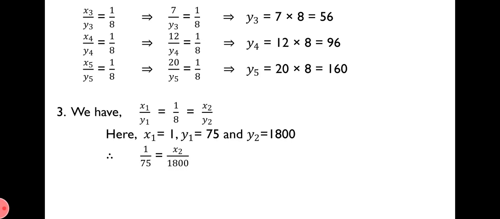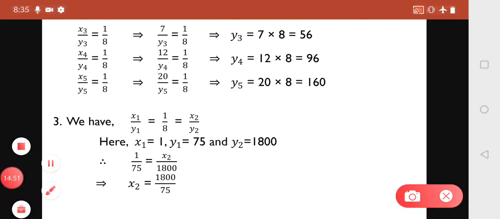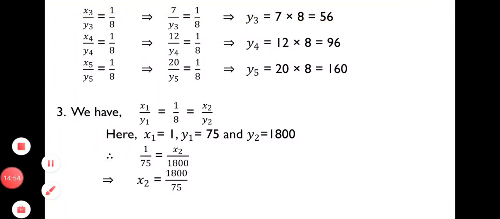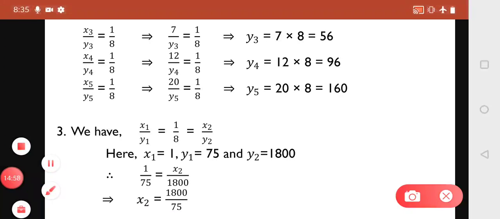Therefore 1 upon 75 equals x2 upon 1800. This implies that x2 equals 1800 upon 75. Again you will do the cross multiplication here. 1800 you have to take up only, no need to do anything else, because we have to find the value of x2.